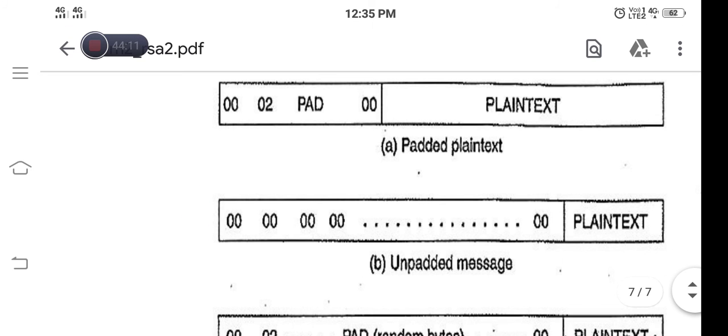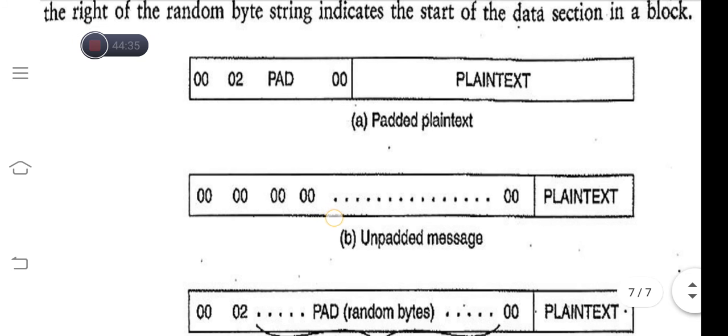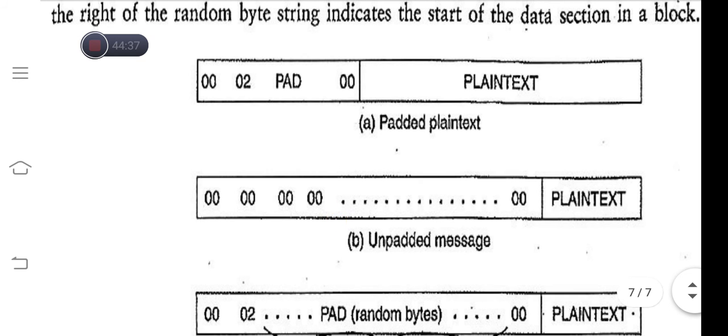So by padding a short message with random bytes in a block of the plain text, the second method is that we can have the ciphertext, which will be a function of not just the short message. Here the plain text is in figure B. We are seeing the unpadded message.